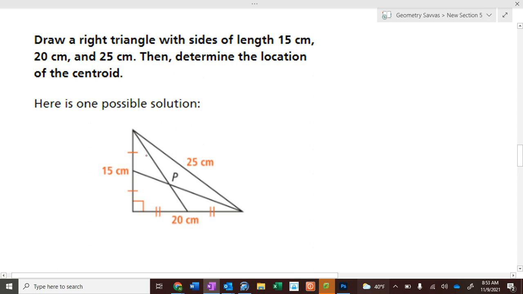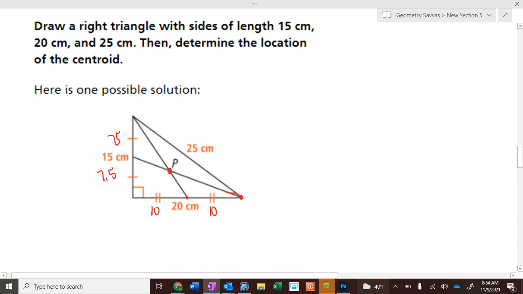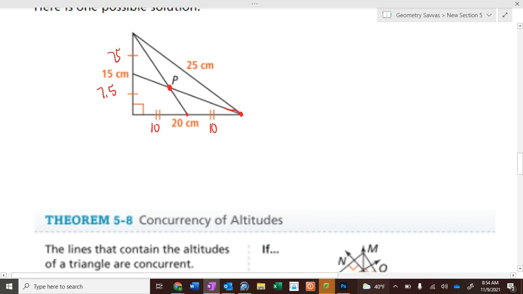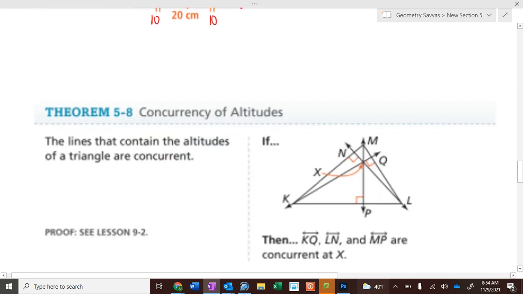Well, if this is 20, each of these are 10 and 10. Okay. If this is 15, each of these are 7.5 and 7.5. So what they did is drew from here across to there and there across to there. And this is the location of the centroid.